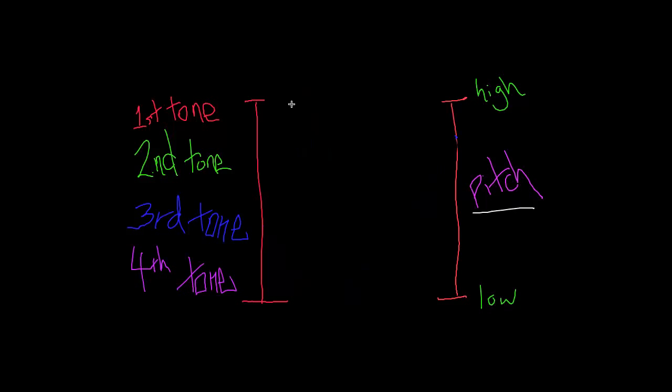The fourth tone is a falling tone. And what that means is we start high and we fall very rapidly and very quickly down to the bottom of our register.